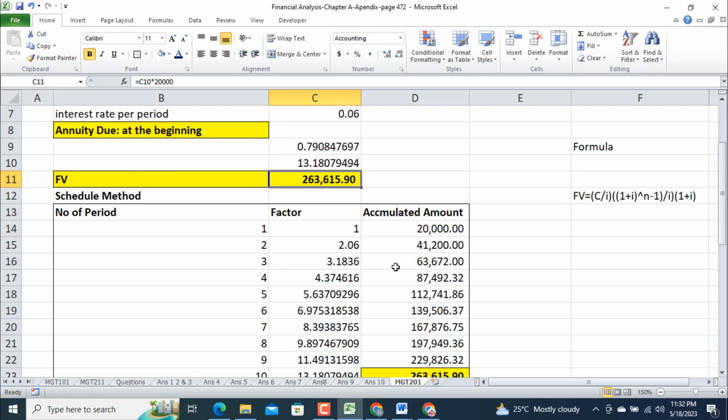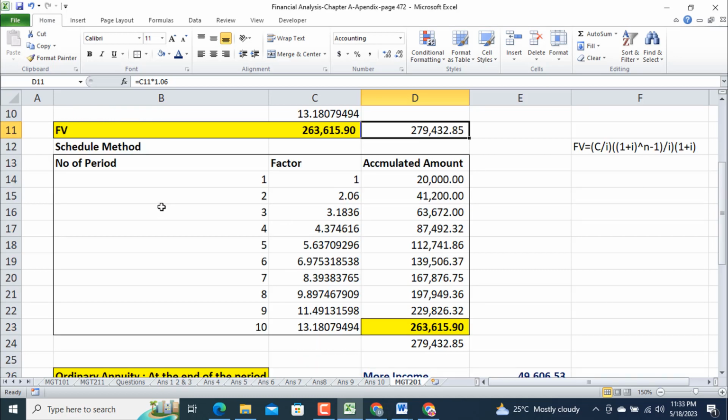I will get this one. Then there's another spare period, so I use 1 times 1.06. So this is the amount that we are going to receive after 5 years if we adopt the Annuity Due case for Mr. Salman.